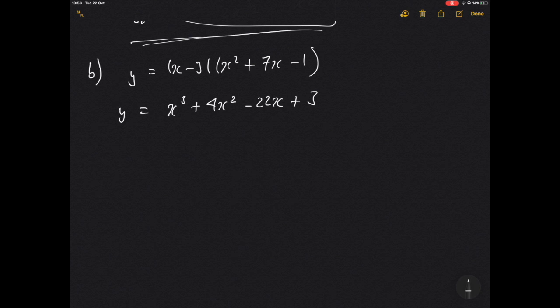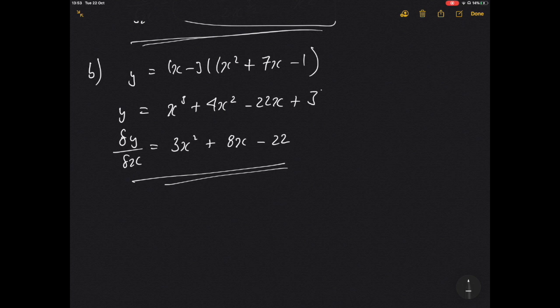So now we can say that dy by dx equals 3x squared, so multiply by 3, plus 8x minus 22, and our 3 doesn't have anything because we have nothing to bring down, which would equal 0. So this then would be the answer to our question.